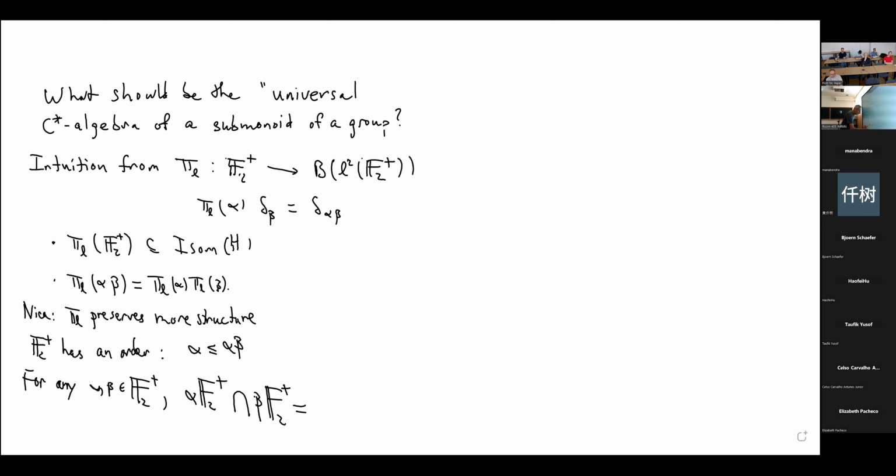So if this is non-empty, then there is a gamma such that this intersection is actually all the extensions of gamma.